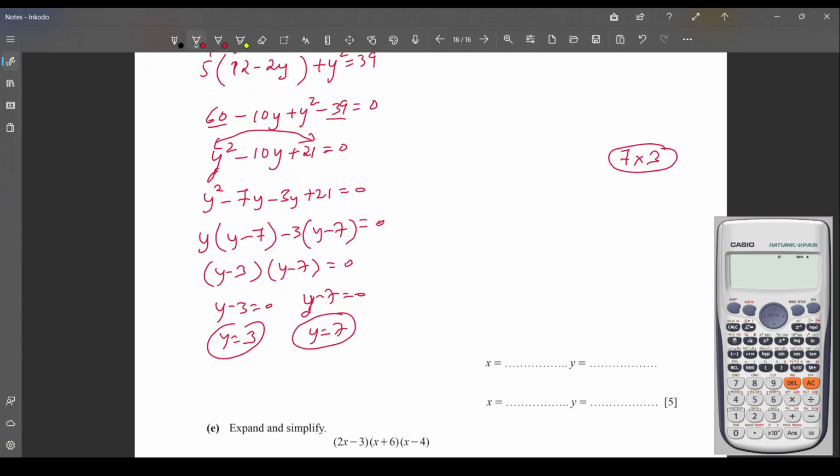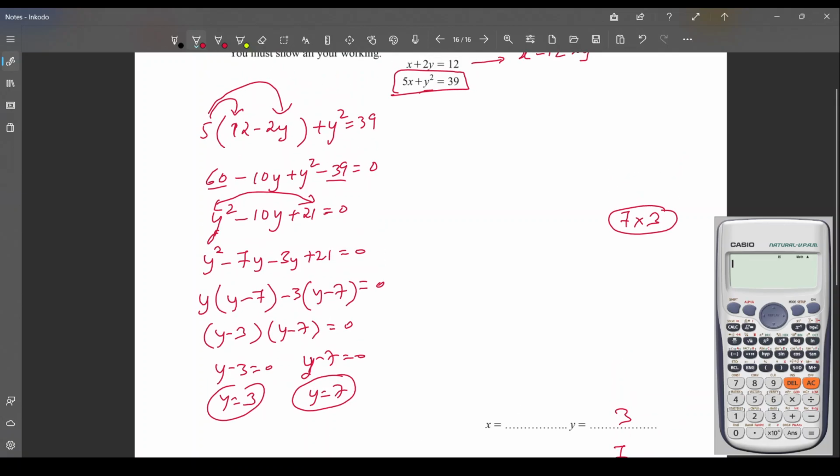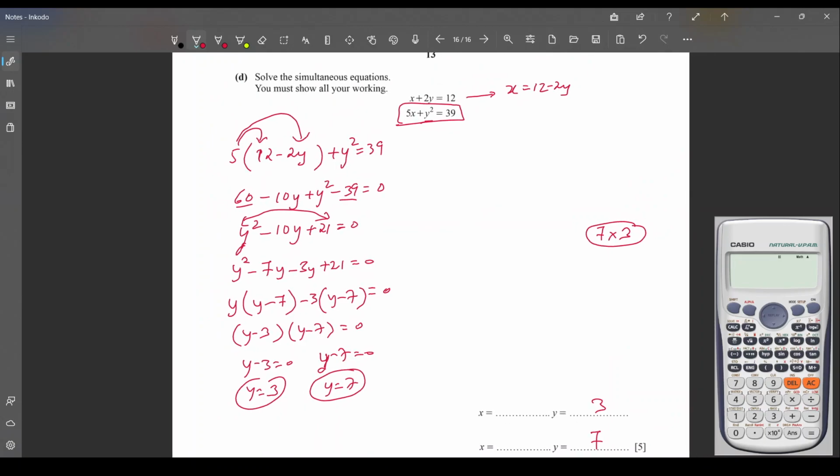So we got the value of y as 3 and the other value of y is 7, so we'll be putting the value in any of the equations. So x equals to 12 minus 2 into y, if I put y as 3, I should get the value of x. So x equals to 12 minus 3 times 2 is 6, so x equals to 12 minus 6 is 6 in this case.